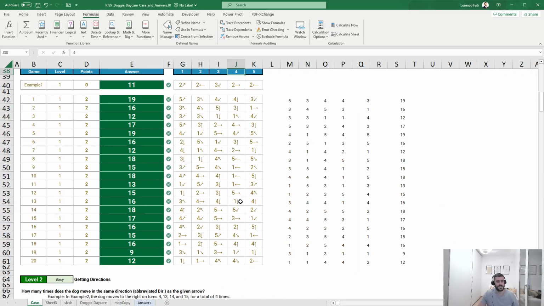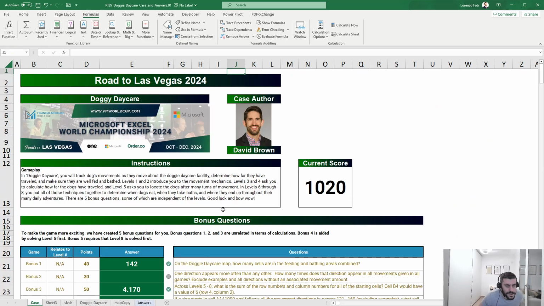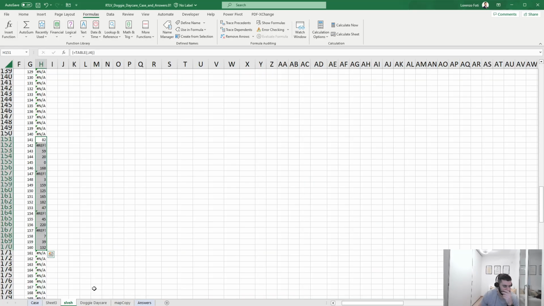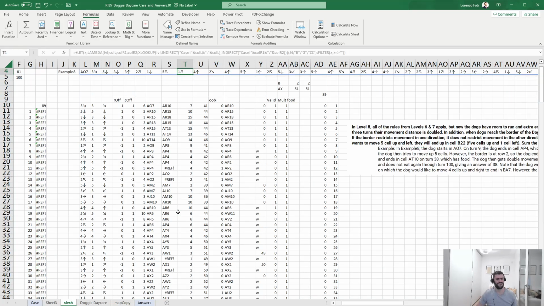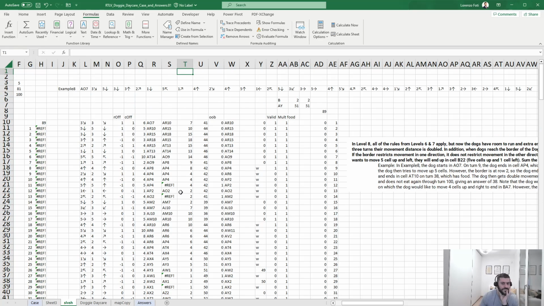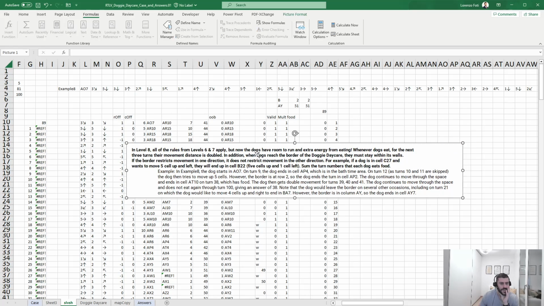So let's see, 1020. Now dogs have to run. The movement distance is double. In addition, when dogs reach the border, they must stay within its walls. The border restricts movement in one direction.